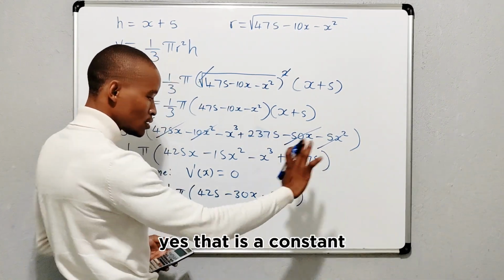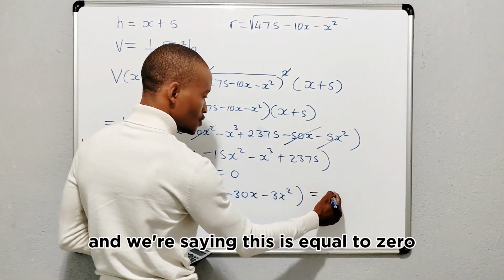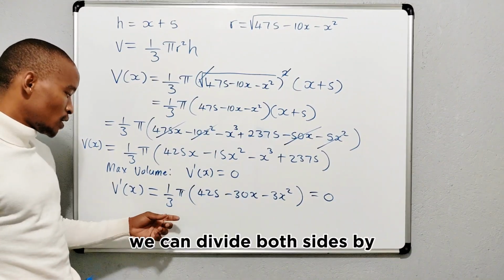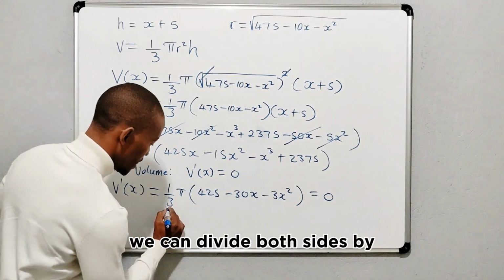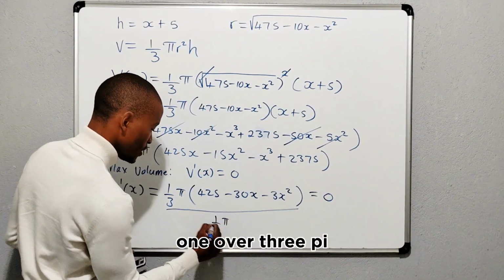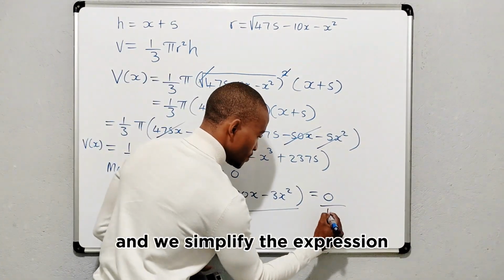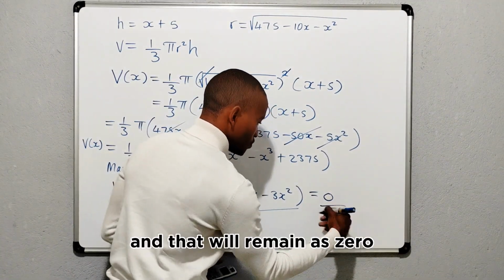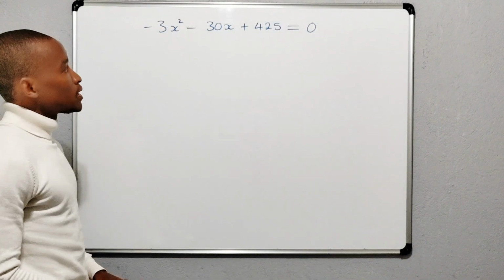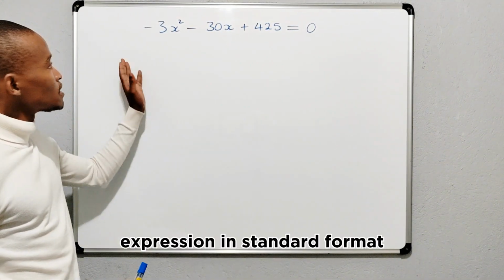Yes, that is a constant. It falls away. And we're saying this is equal to 0, right? So what's going to happen? We can divide both sides by 1 over 3 pi, so that that and that guy goes away, and we simplify the expression, and that will remain as 0 on the right hand side. Okay, so we have written our derivative expression here in standard format.